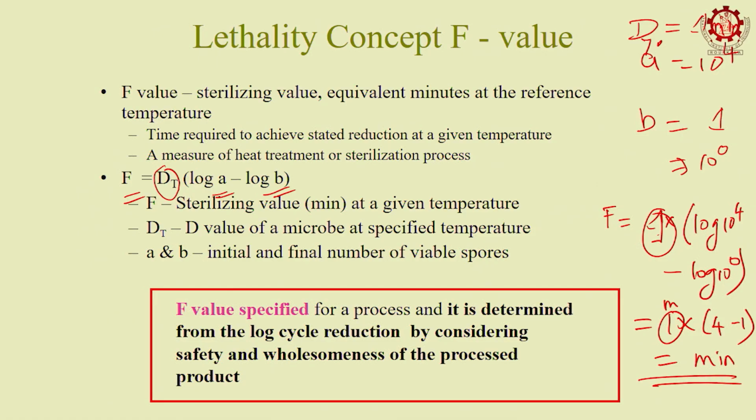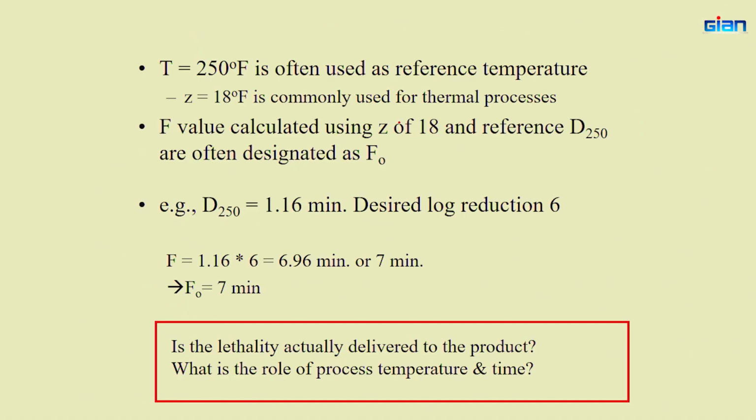All those times, the come-up time and the cooling down time, we are not considering. We are just trying to keep it simple, and this is where the sterilizing value concept comes in. This is the equivalent minutes at a reference temperature.